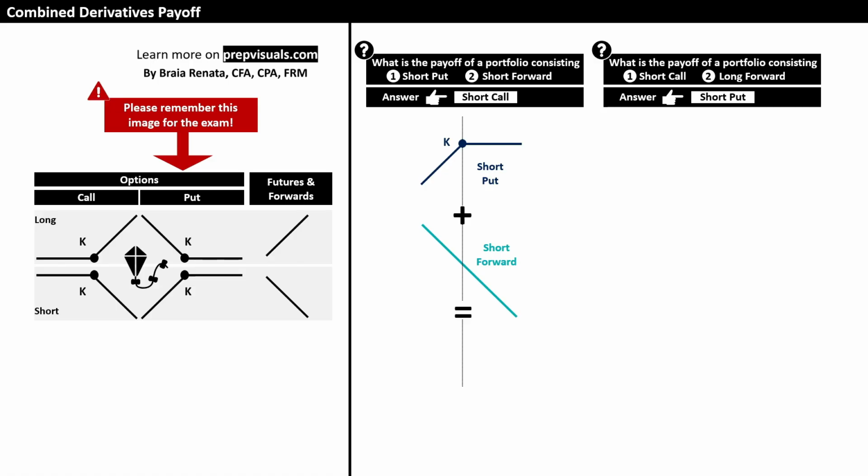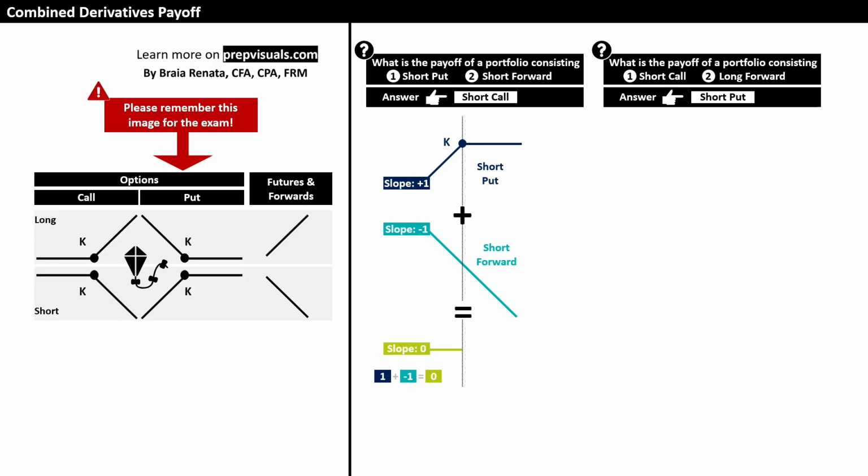On the left side of the strike, the short put has a slope of +1, while the short forward has a slope of -1. And since +1 and -1 equals 0, the slope of the combined portfolio will be 0. In other words, a flat line.